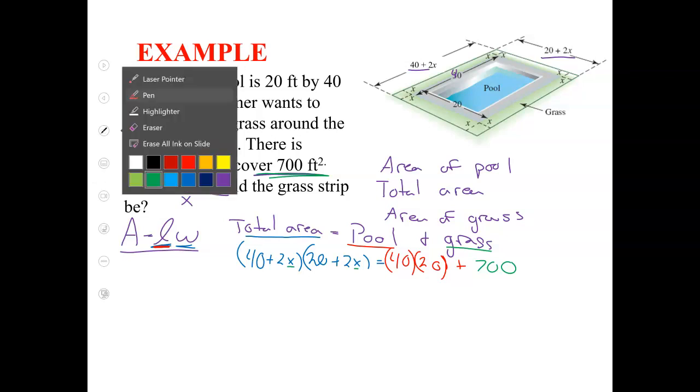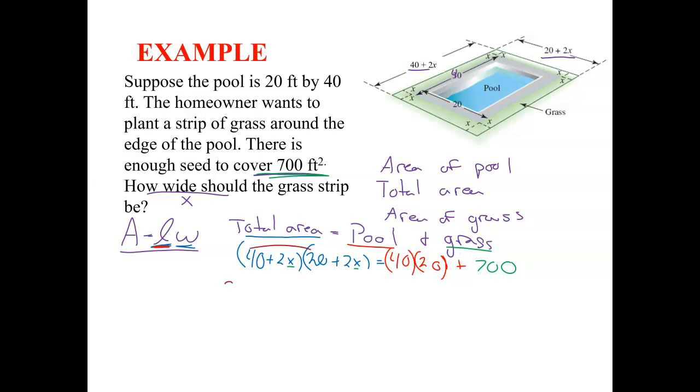So we expand: 800 plus 80x plus 40x plus 4x squared equals 800 plus 700.